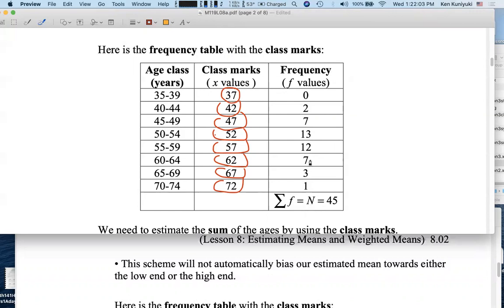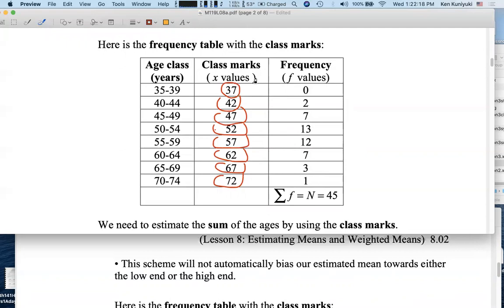Okay, so again, we're going to assume that there were 2 presidents' ages that averaged 42 years. There were 7 presidents' ages that averaged 47 years, and so forth. Now using these class marks and these frequencies, we're going to estimate the sum of the 45 ages and then find an estimate for the average of the 45 ages.